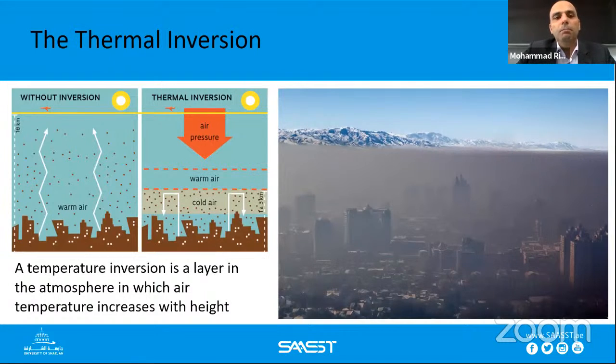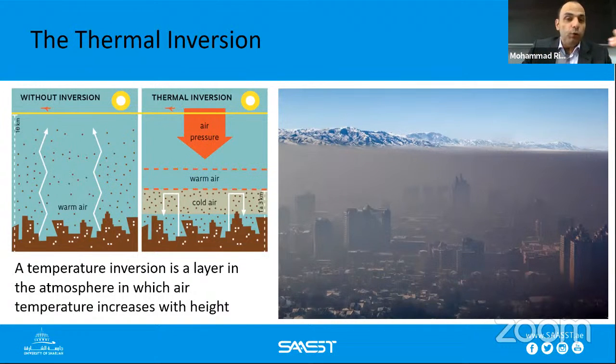There is an important phenomenon called the thermal inversion. So with the thermal inversion, when you heat the surface air, the air mass that's very, very close to the surface, it becomes less dense, and then it will start lifting up.